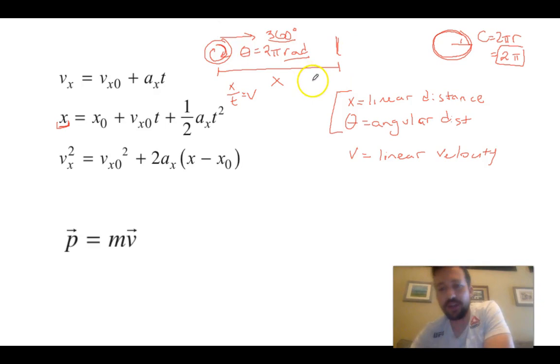Well, when we're talking about things rotating, instead of a linear velocity, we're going to be talking about an angular velocity, how fast it's rotating. And instead of units of meters per second, here we're going to be using units of radians per second.